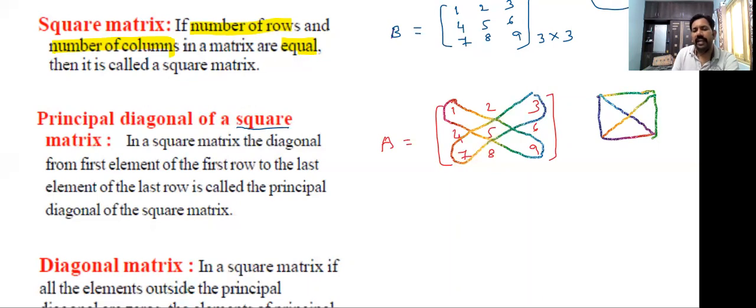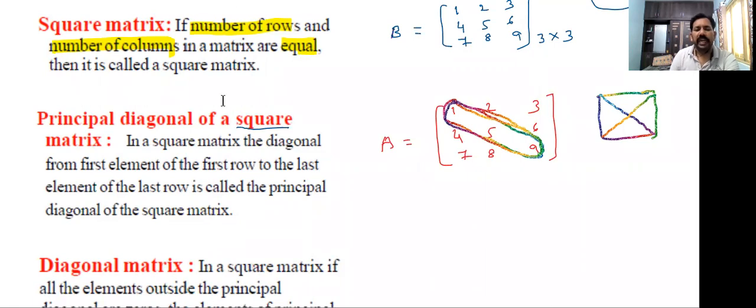But only one has a specific name, that is the principal diagonal, from the first row first element to the last row last element. These elements we say are the principal diagonal of a square matrix. Okay.